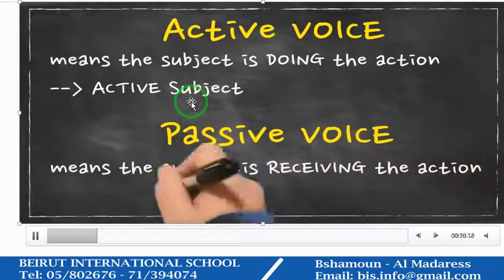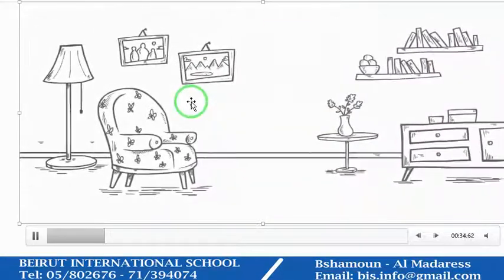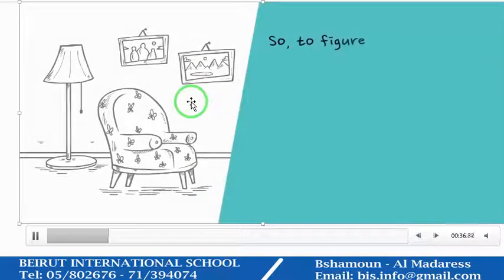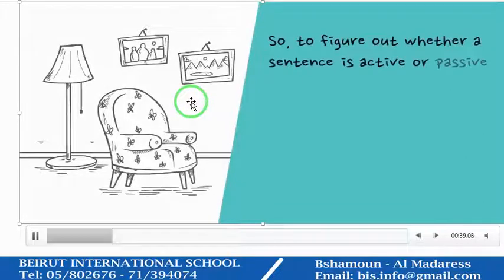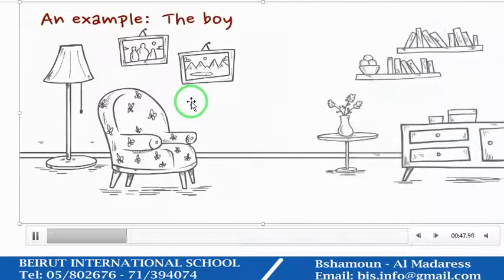Passive voice means the subject is receiving the action, and therefore you have this passive subject. So look at this living room and figure out whether a sentence is active or passive voice. Look at the subject. Is the subject performing the action, active, or receiving that action?